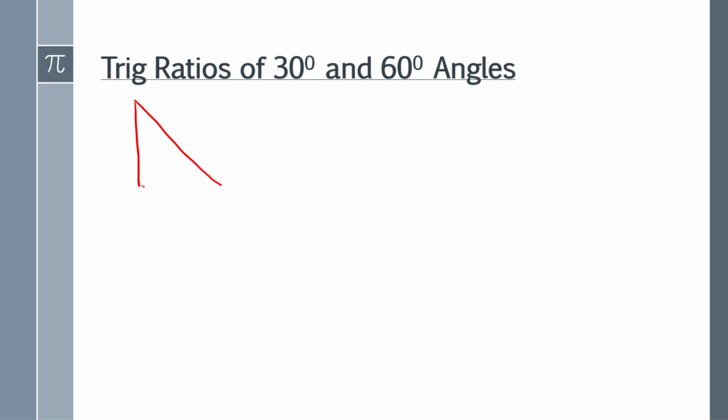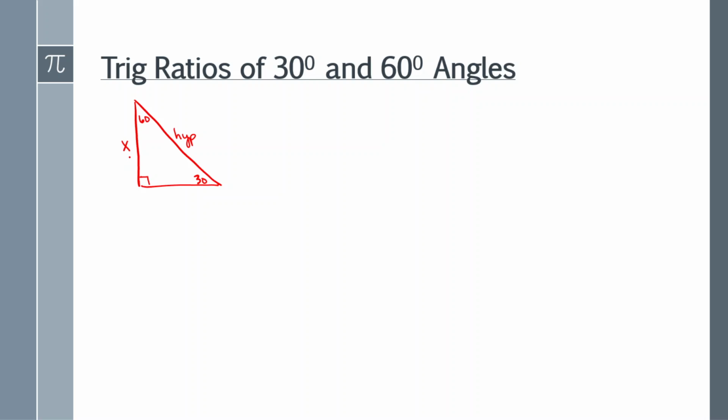So from geometry class, if I make a right triangle with 30 degrees and 60 degrees, first of all, we know the hypotenuse is the longest side, and we know that the 60 degrees is going to be the next longest and the 30 is the shortest.